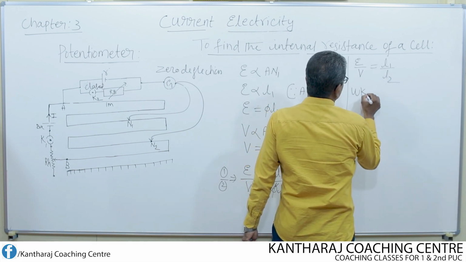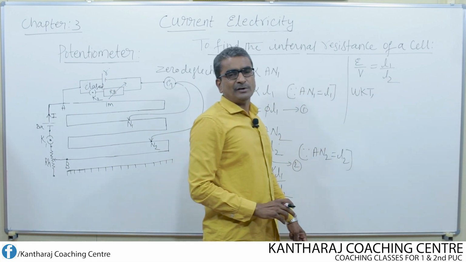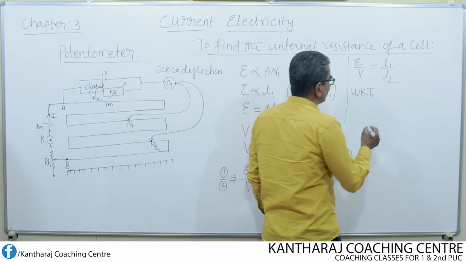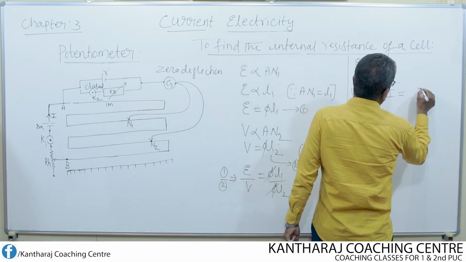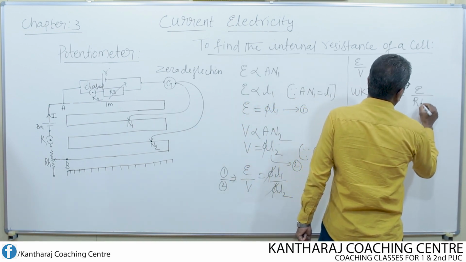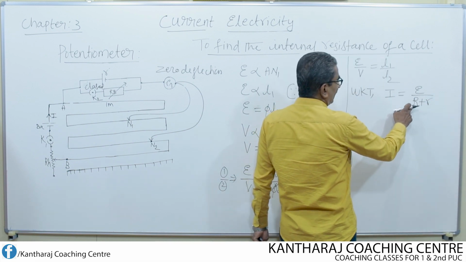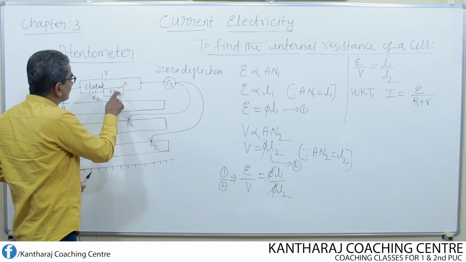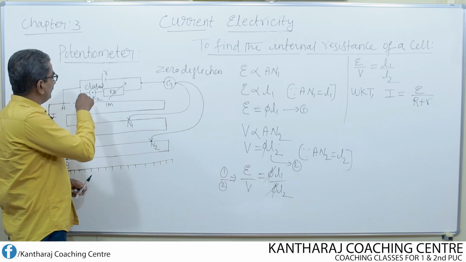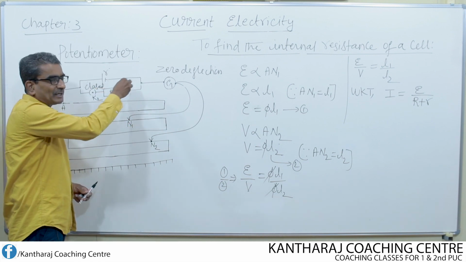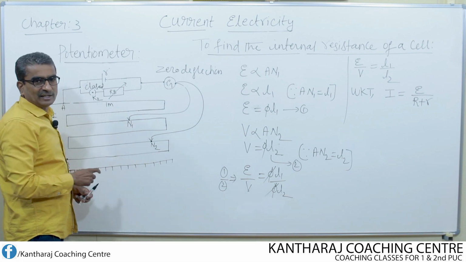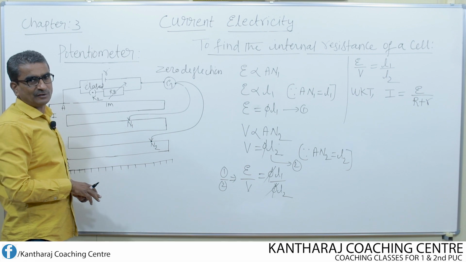We know one equation between the EMF, current and internal resistance. What is that equation? I equal to E over R plus r, where R is the resistance. What is that resistance? The resistance that is introduced in the resistance box. When we close the key, a suitable resistance should be introduced in order to get the second null deflection. Otherwise, we do not get null deflection.